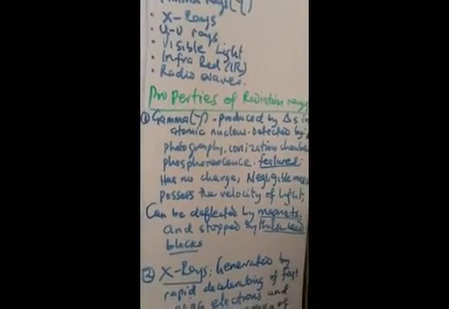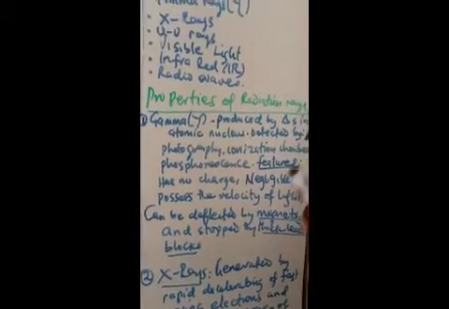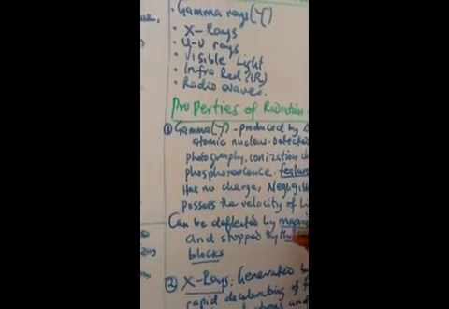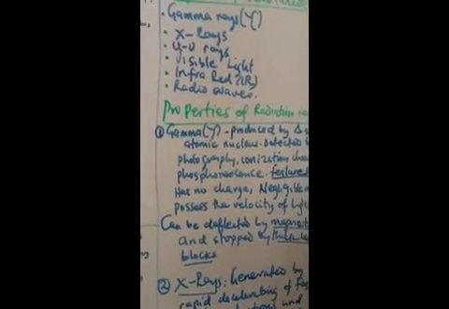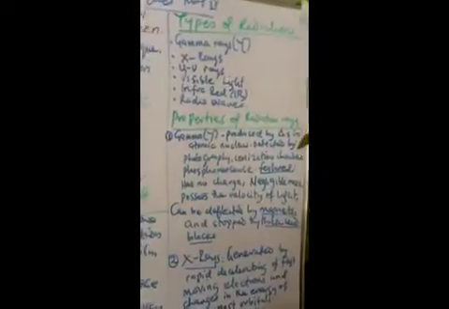They can cause changes, cancer in human skin. That's why when we say the ozone layer is reducing in the atmosphere, one of the effects is a preponderance of skin cancers.